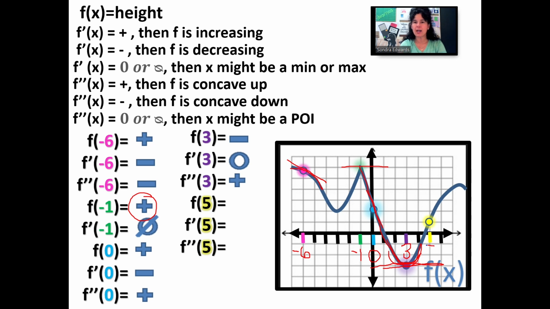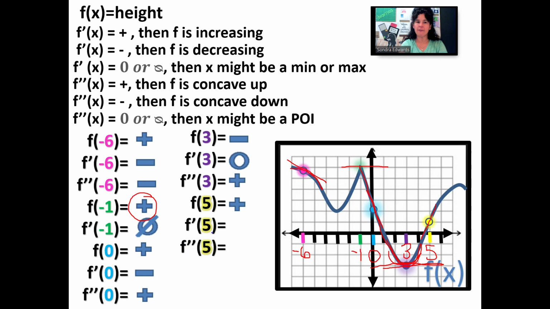If we go to x equals 5, plug 5 into the function, we're going to get a height of 1. So f of 5 equals 1, so it's positive. We're above the x-axis. F prime of 5 is increasing, decreasing, uphill, downhill. Slope of the tangent. So notice here at 5, we are going uphill.